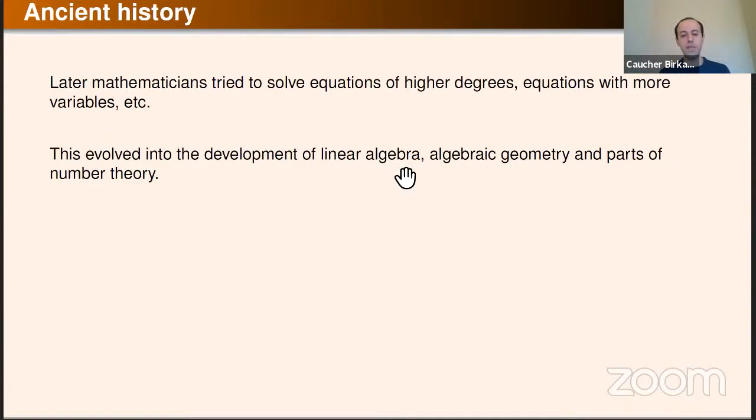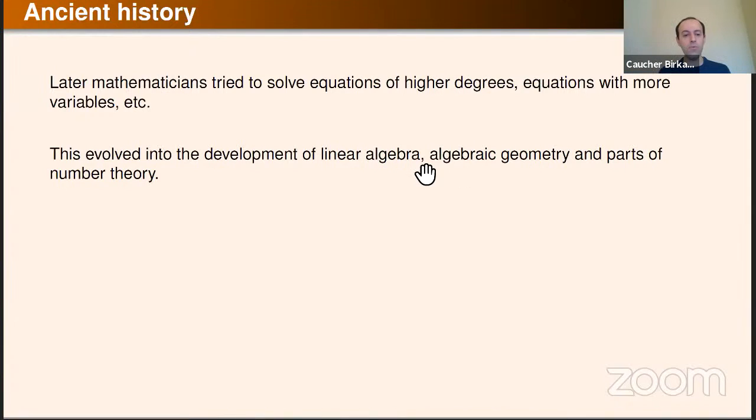One is obviously linear algebra. If all your equations have degree 1, and if you have more than one variable, then you are just doing linear algebra. And we know that even this subject is not very old. So maybe mostly developed in the 19th century, or maybe a bit before that. It has to do with matrices.